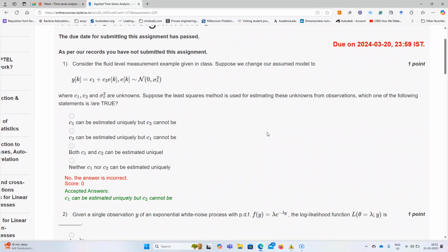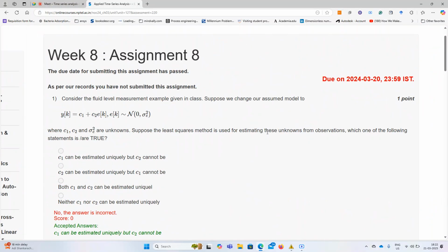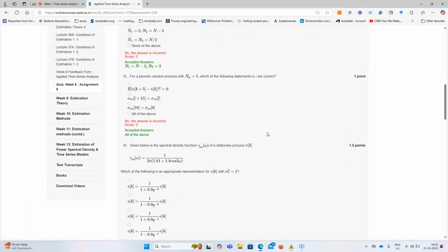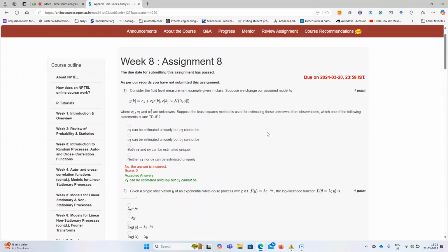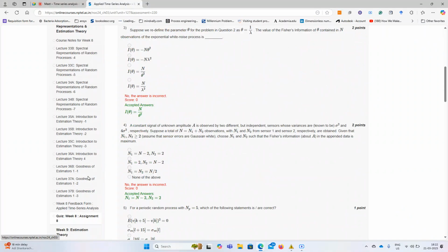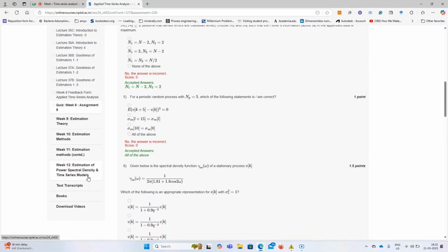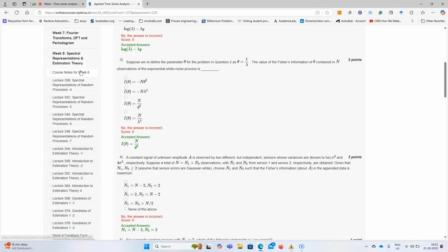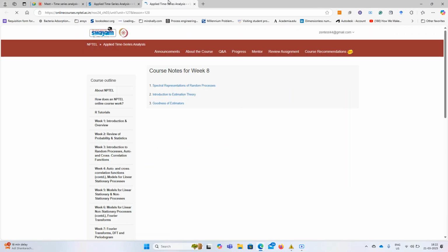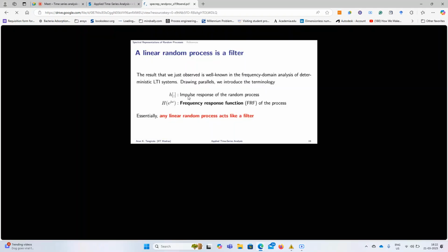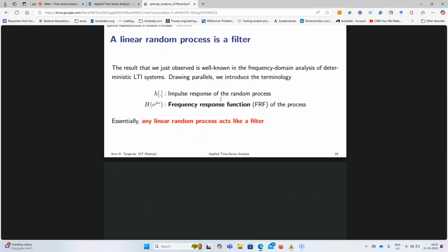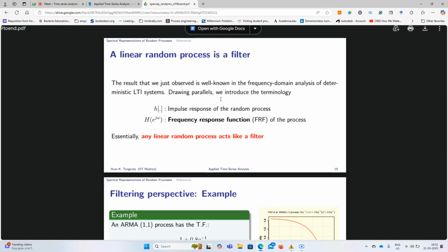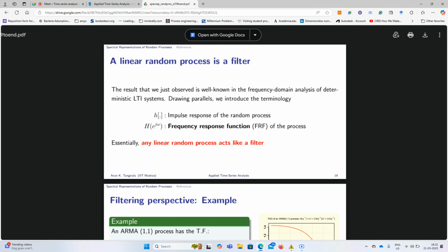We will first discuss the assignment, and once we are done with the assignment, we can discuss if any doubts are there. Before that, let's just recap what's there in the week.